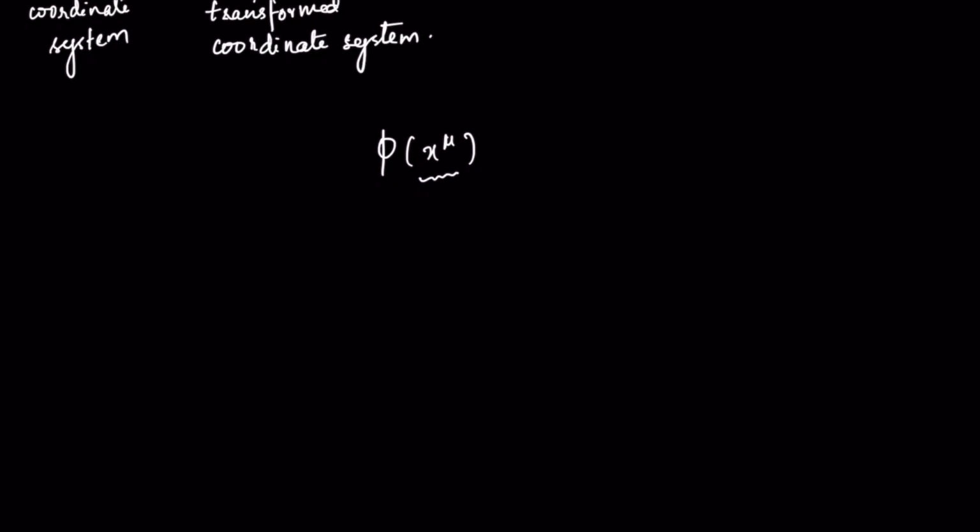So x mu is transformed to x prime mu. Then what will happen? Phi of x mu will be transformed to phi prime of x prime mu, right? Or in other words, I can write f of x mu is equal to f, in the sense phi.